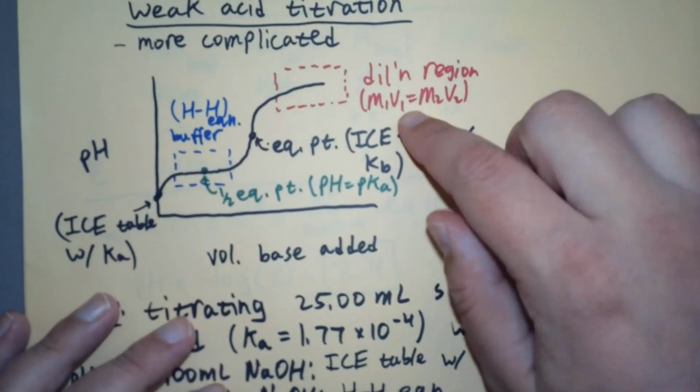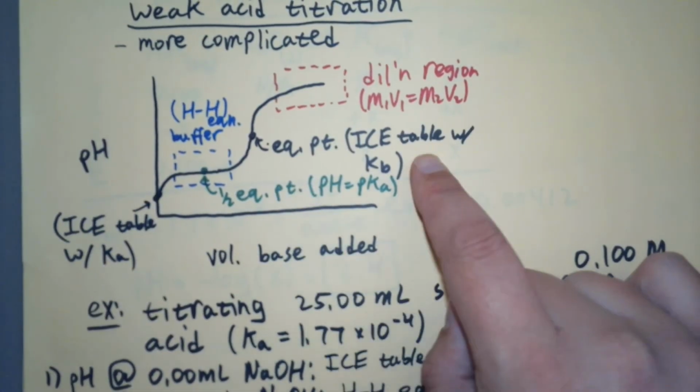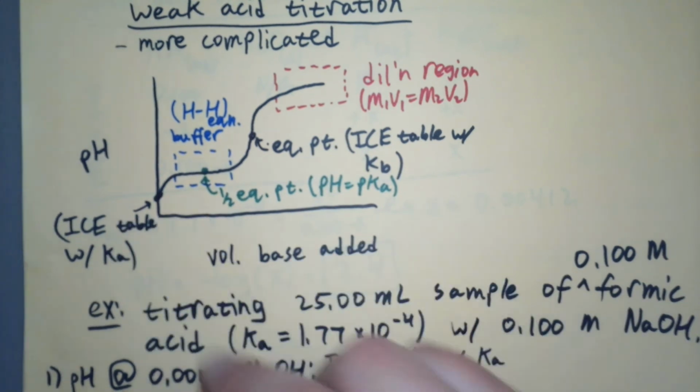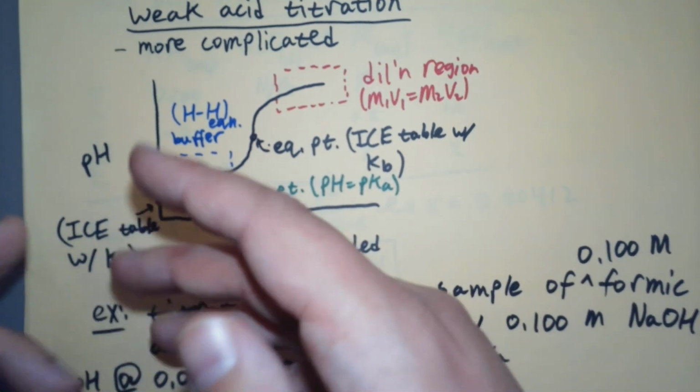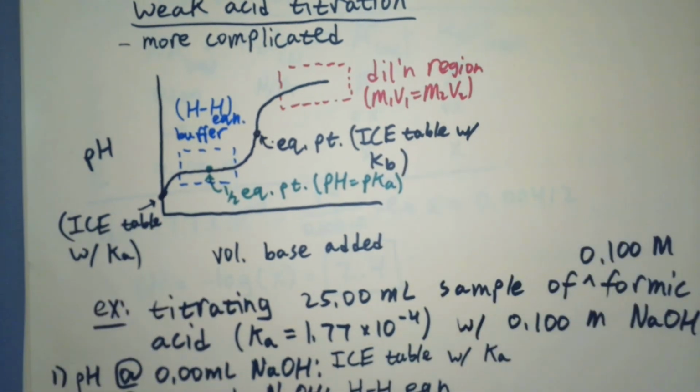If you had to calculate something in the dilution region, this process would get you there. If you had to do an equivalence point that has an ice table, or the initial value with an ice table, well, A, we've talked about that one already, and B, this will be your go-to. Alright, so we'll get into polyprotic acids next.